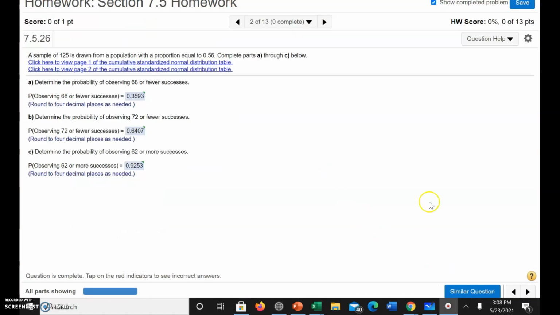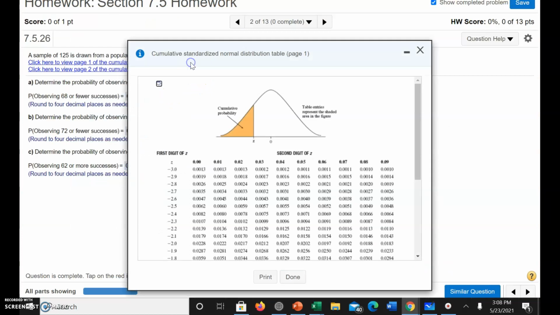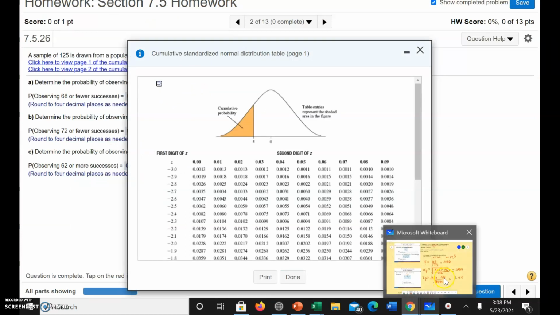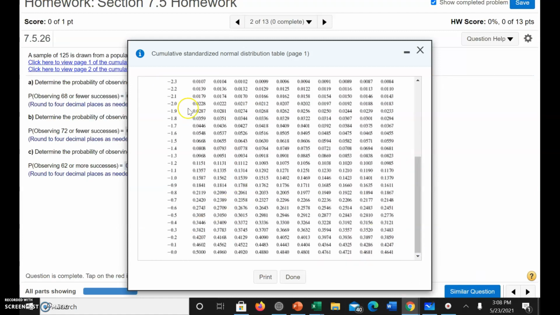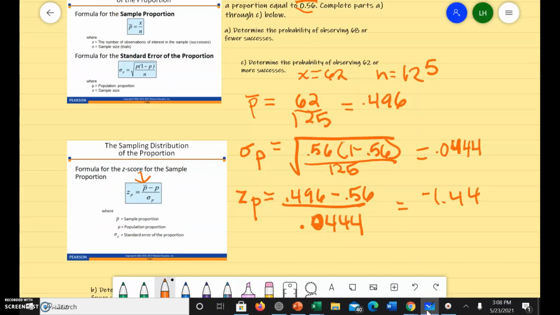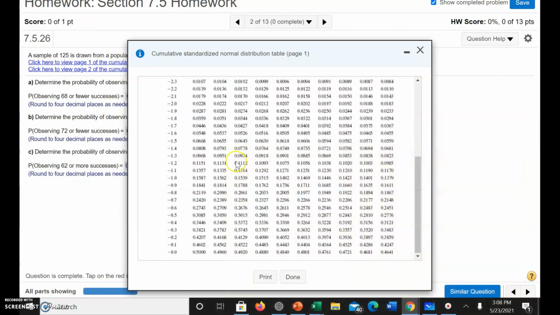We need to look that up on our table, and we're looking at the negative 1.44, so let's find that. 0, 1, 2, 3, 4 would be 0.0749. So we need to do 1 minus because we want to know greater than, so we have to use the complement rule.